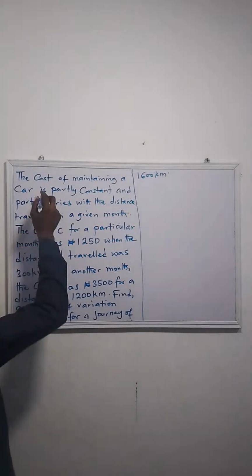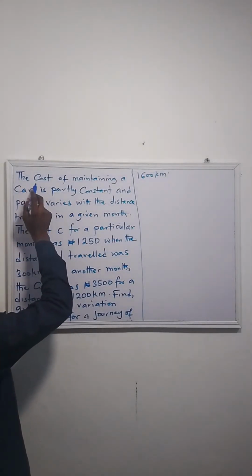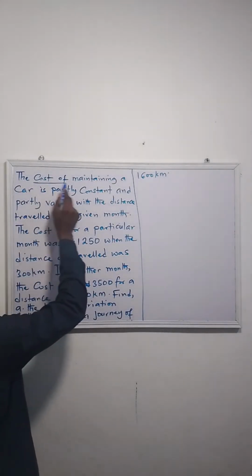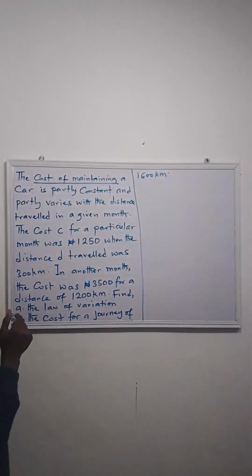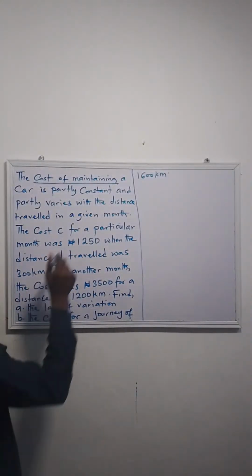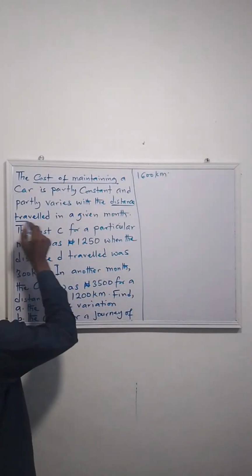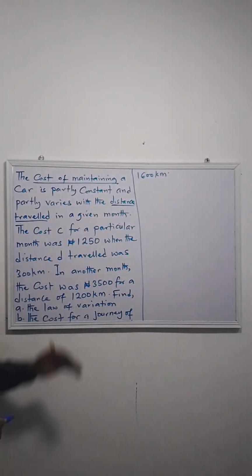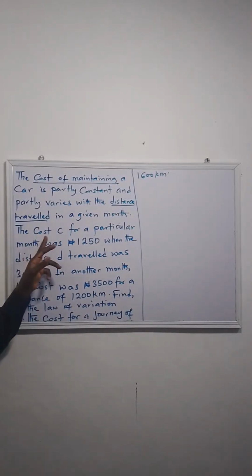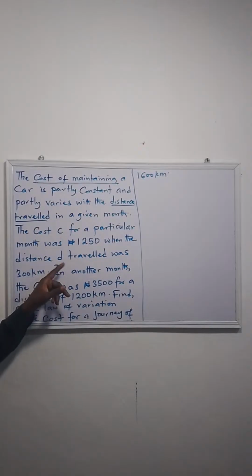So these are the parameters. We have the cost of maintaining a car and the what? And the distance traveled. These are the two parameters that are being varied here. And as you can see, the cost is C, while the distance traveled is D in the question.